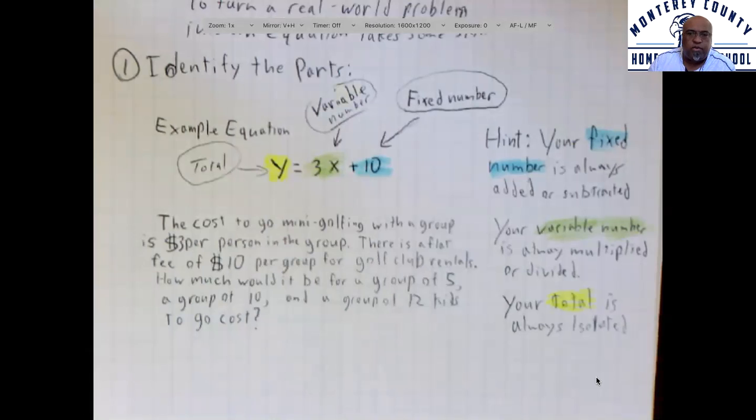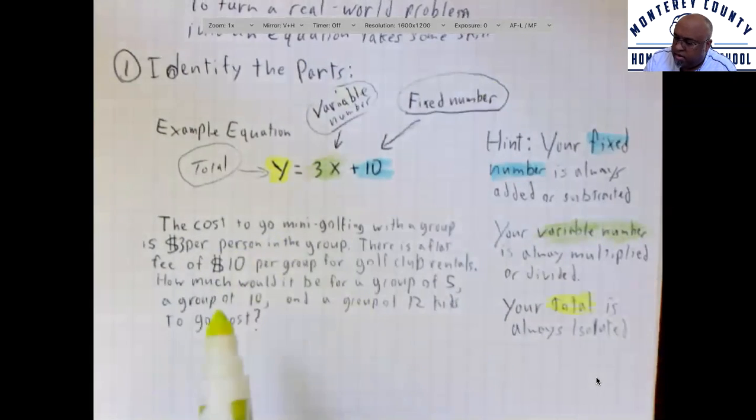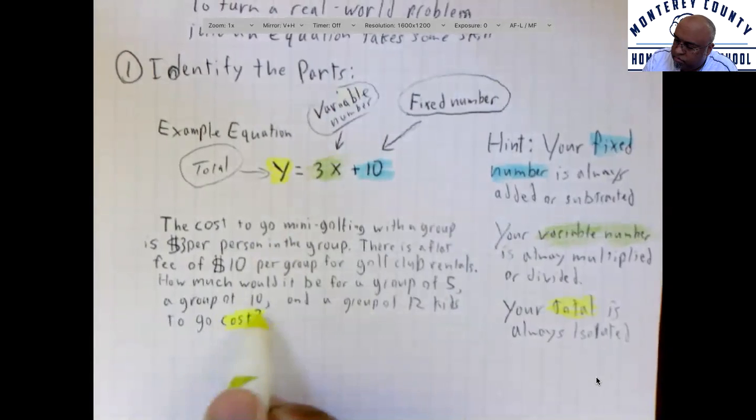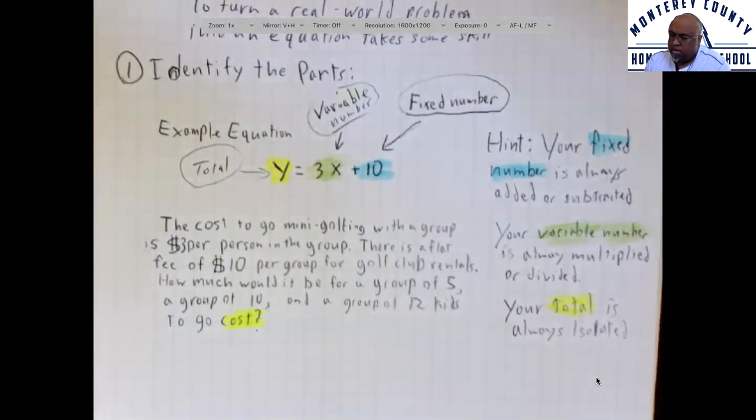Now, first what I want to do is I want to identify the parts, okay? Now, I'm going to start with y here, the total, okay? So which words kind of represents the total? That would be the cost, okay?